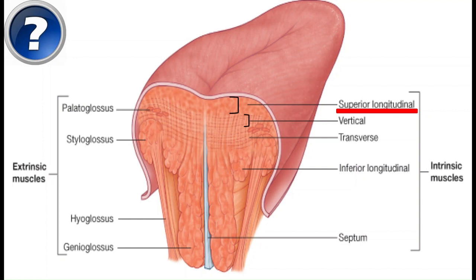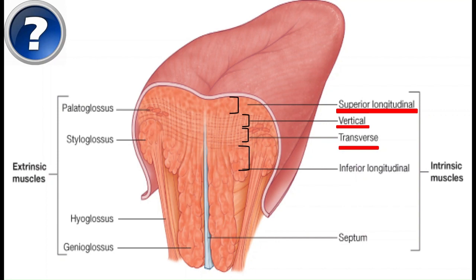And then underneath it is a vertical muscle, of course skeletal muscle, and this vertical muscle will make the tongue thinner. Then deeper to the vertical is transverse intrinsic muscle of the tongue, and when it contracts, it makes it narrower and longer.